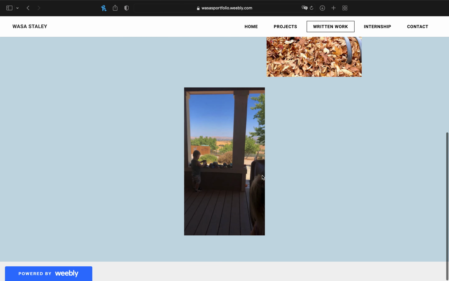And then this picture down here is of a family I babysat for. They were visiting town and had rented out an Airbnb that was on an alpaca farm, and the parents were going on a wine tour.